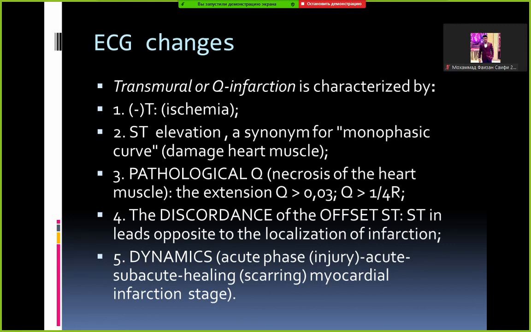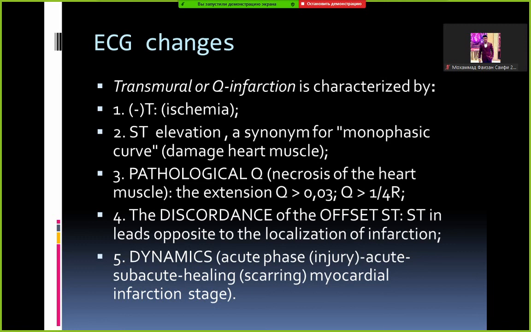Then formation of pathological Q wave, which reflects the necrosis of myocardium. Pathological Q wave is characterized by increased depth and width of Q wave.